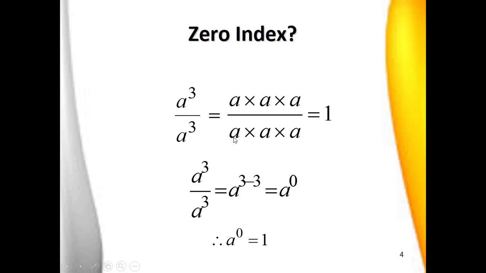Same for the denominator. Then you do cancellation: divide top by a, divide bottom by a, three times. When you divide all by a, you get the answer 1, remember, not 0, because you are doing division. So it equals 1 here.